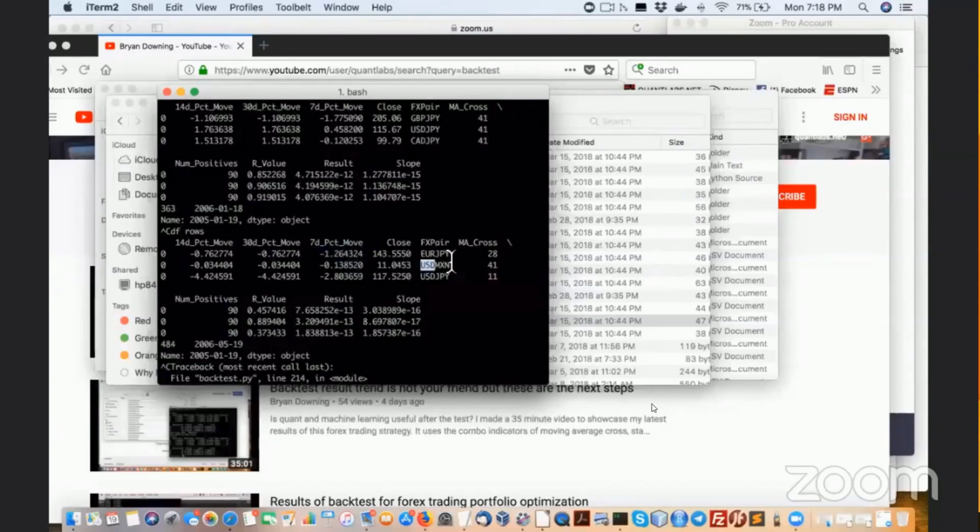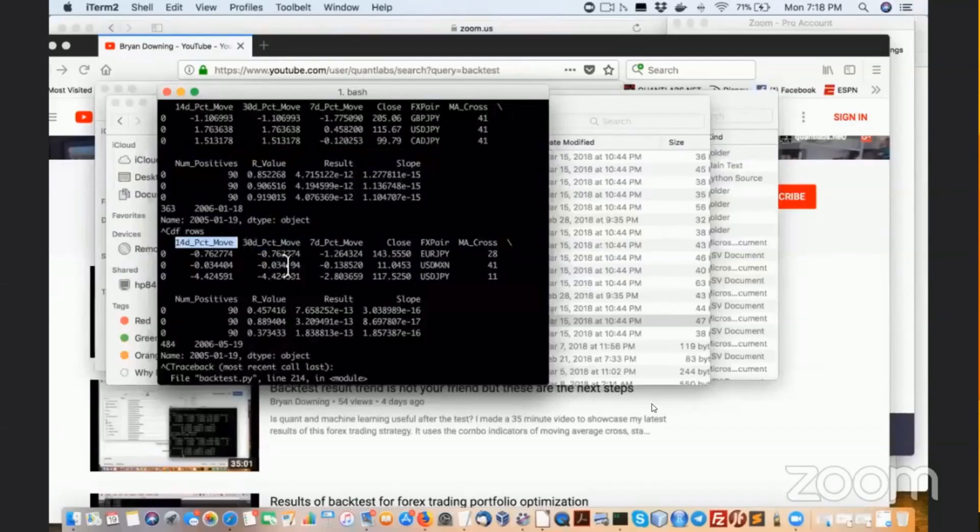If I put money on the U.S. Mexican peso, I would have lost 0.13%, and I would have lost 2.8% on the U.S. Japanese yen. And these are the percent moves I would have lost if I held on for 30 days or 14 days.